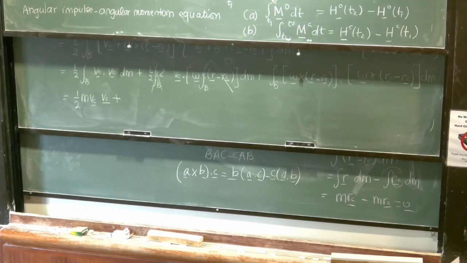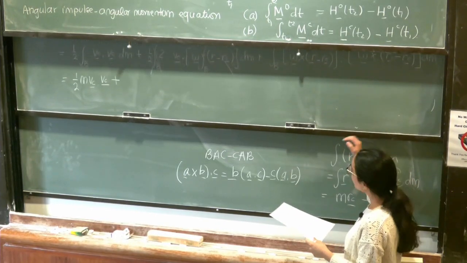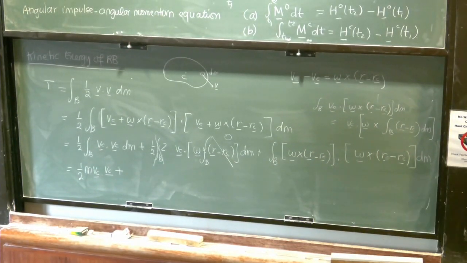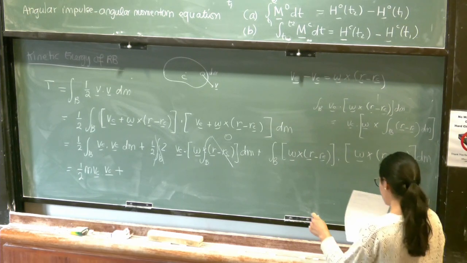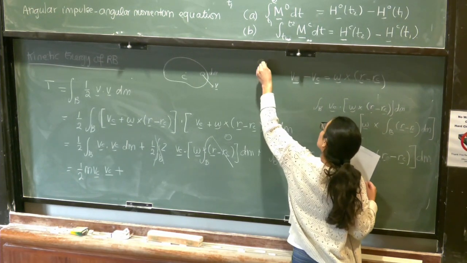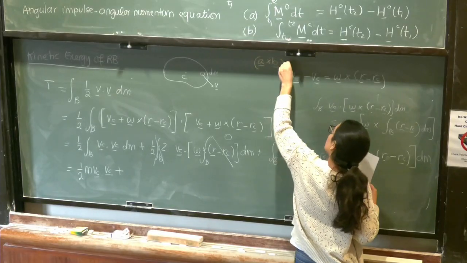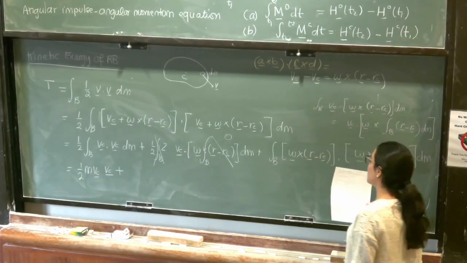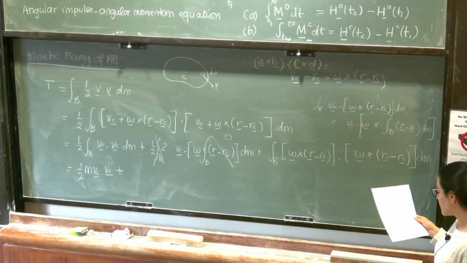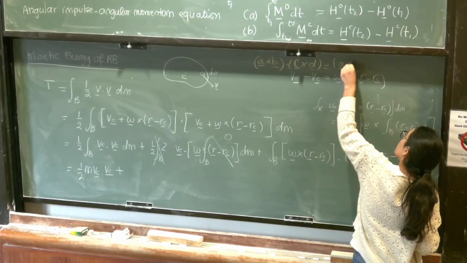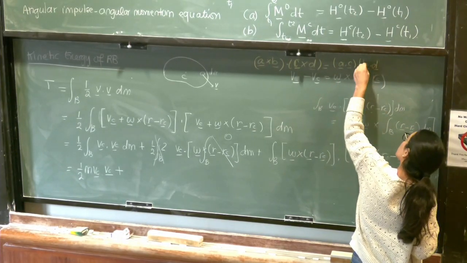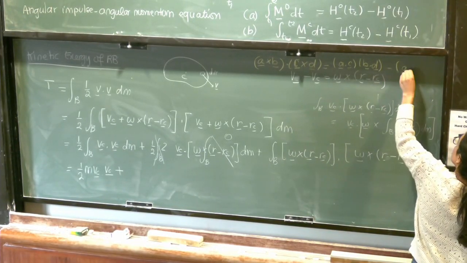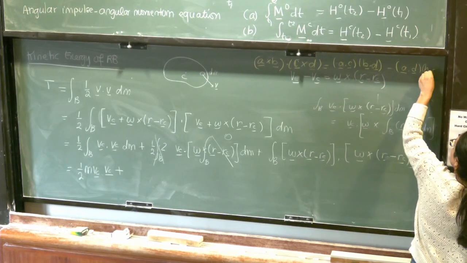Actually, we can use a different identity here, which I'll write up here because we're going to use it: A cross B dot C cross D is equal to (A dot C)(B dot D) minus (A dot D)(B dot C). Okay, let us try this one.